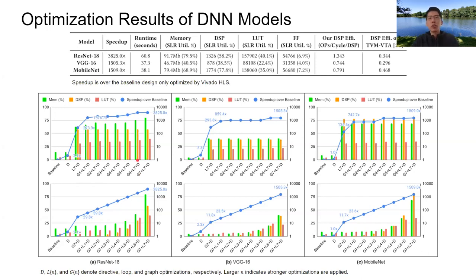And there is a similar trend for the other 2 DNN models. So this ablation study shows that the directive, loop, and graph optimization, the multi-level optimization methodology, actually works pretty well on the large and complicated high-level synthesis designs.